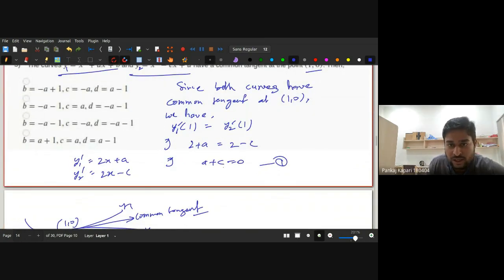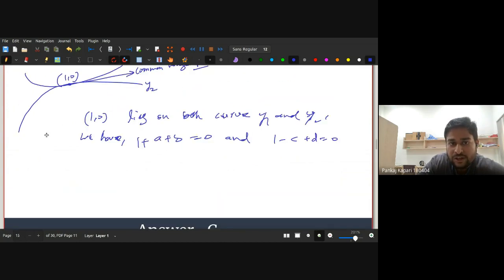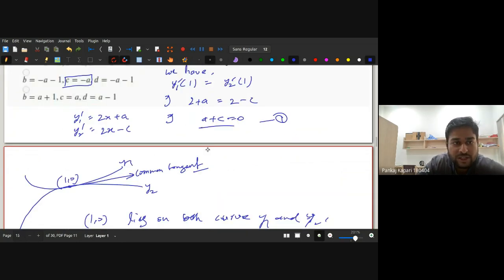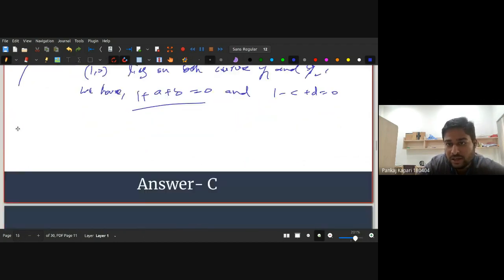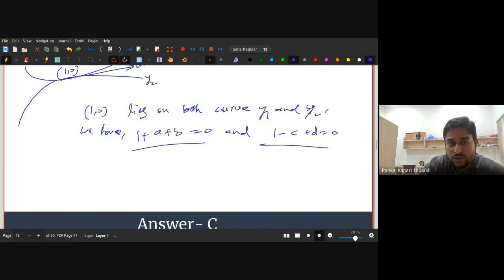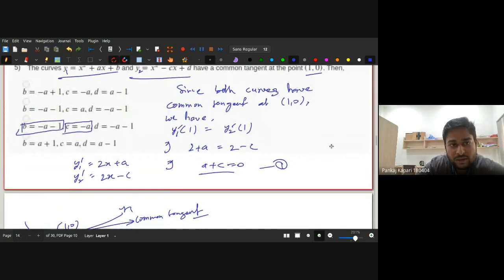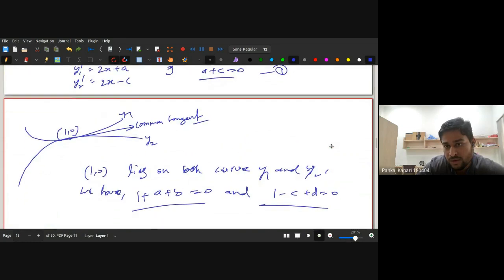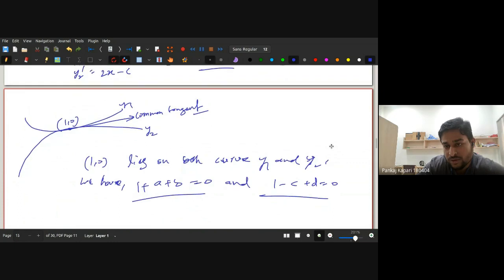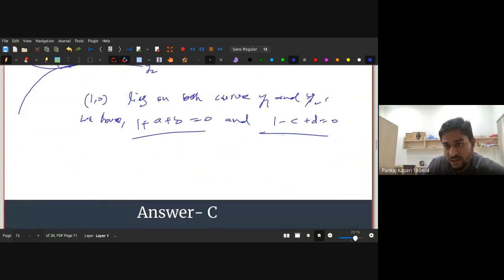Notice that a plus c equal to 0 gives c equal to minus a, and the relation 1 plus a plus b equal to 0 gives b equal to minus a minus 1. The last equation gives that d is equal to c minus 1, but c is also minus a, so d is just minus a minus 1.